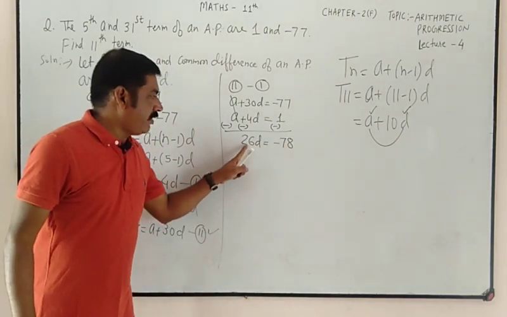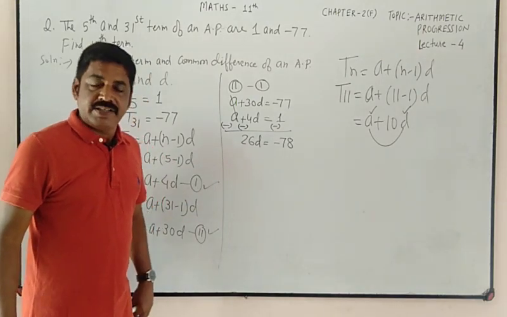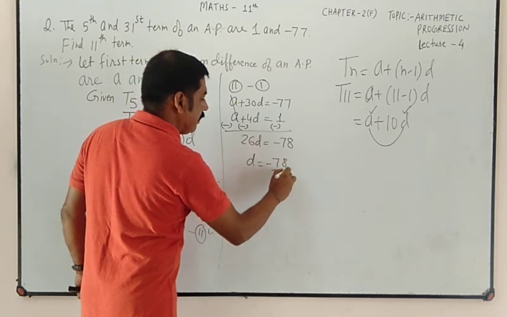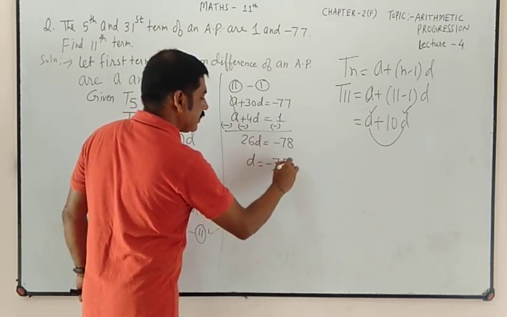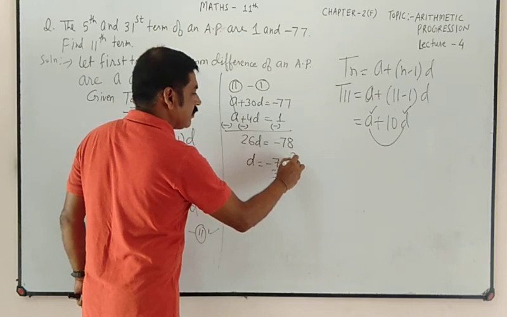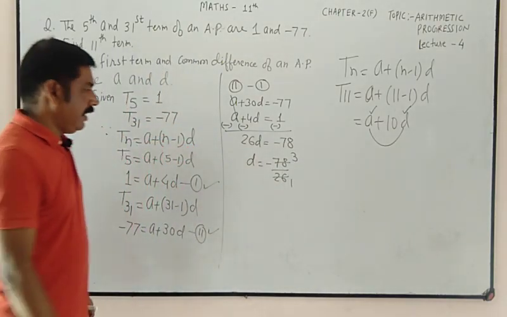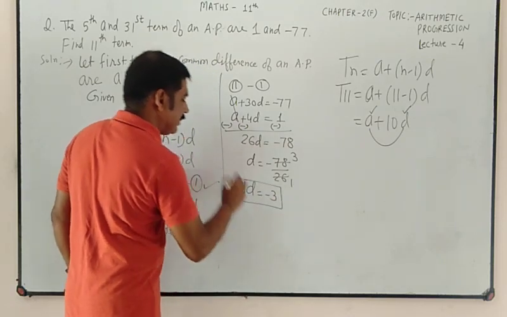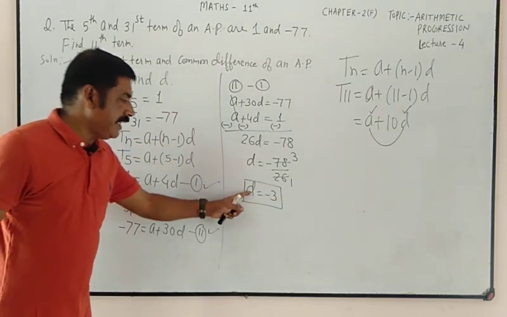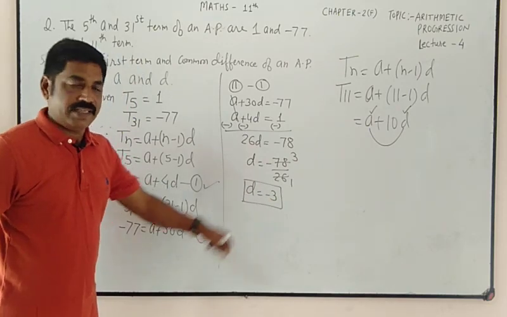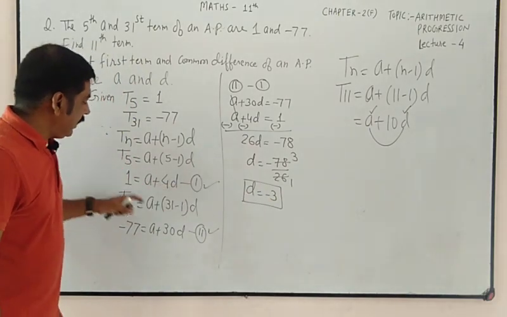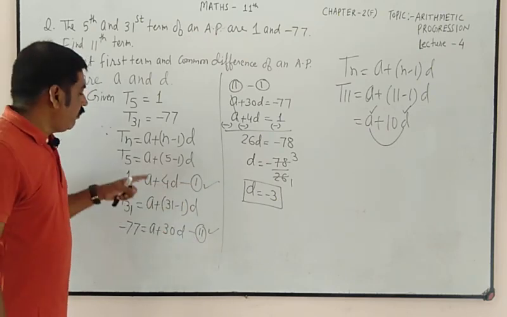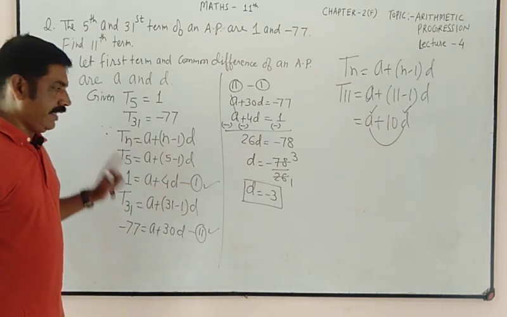And we know that 26 threes are 78. So d is equal to -78 upon 26. So 26 ones are 26, 26 threes are 78. Hence we have d is equal to -3. So we got the value of d, which is -3. Now put the value of d in either equation number 1 or equation number 2 to find the value of a.